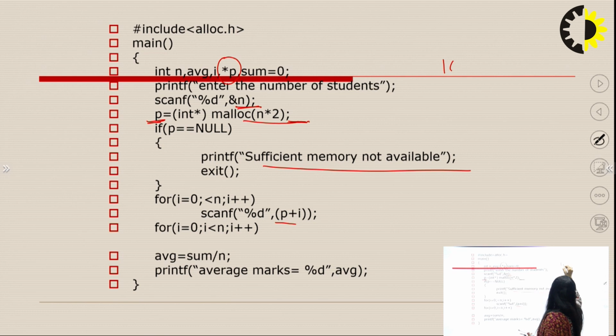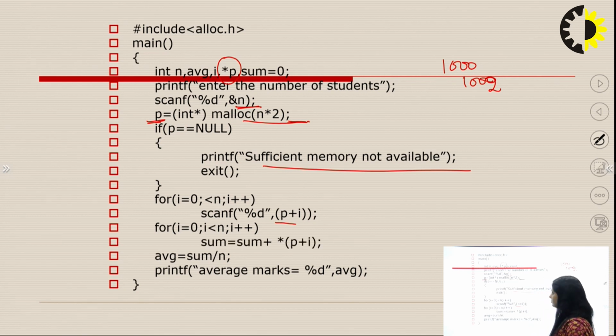Suppose the address is 1000, then increment by 1 means increment by 2, so it will become 1002, 1004 and so on, right? So that is how we can store the values on this address, right?